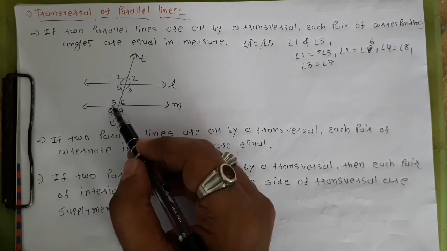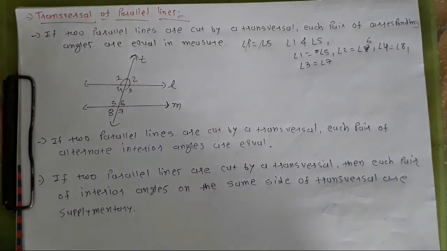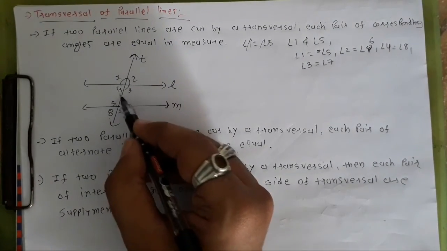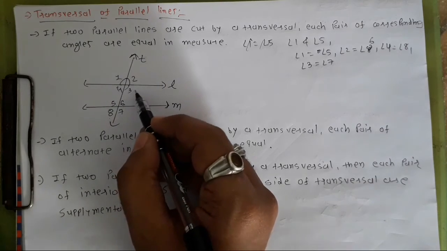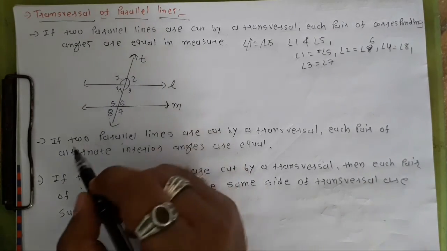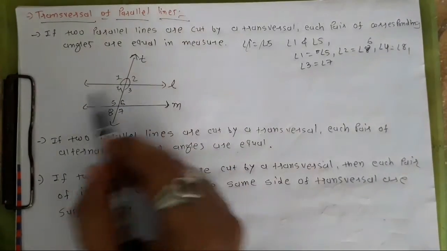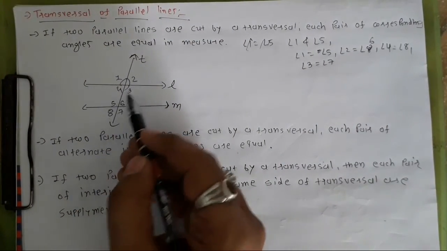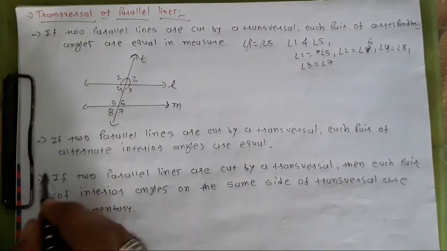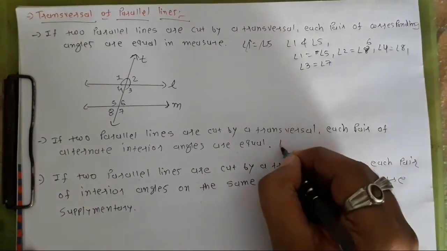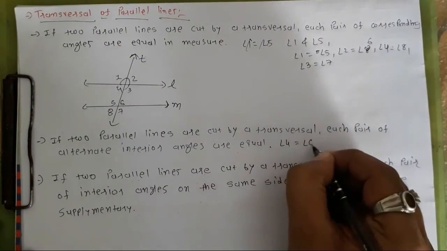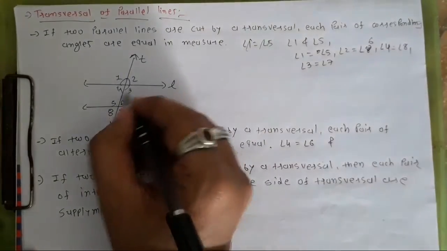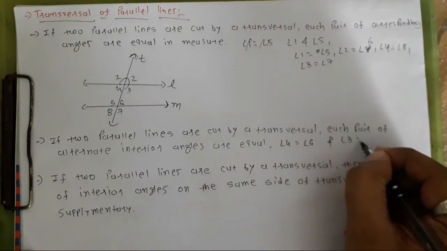So angle 4 is equal to angle 6 and angle 3 is equal to angle 5.